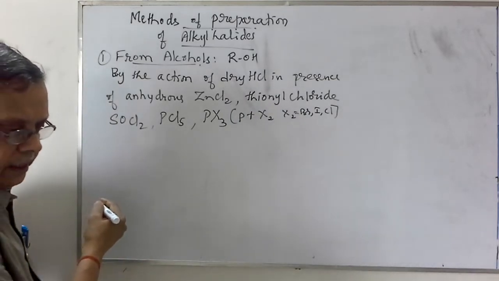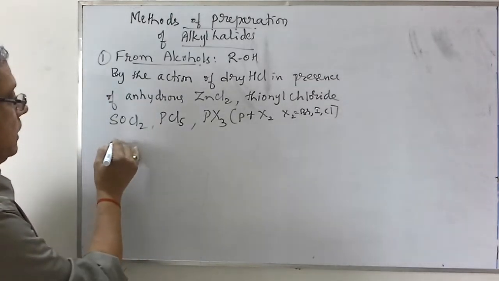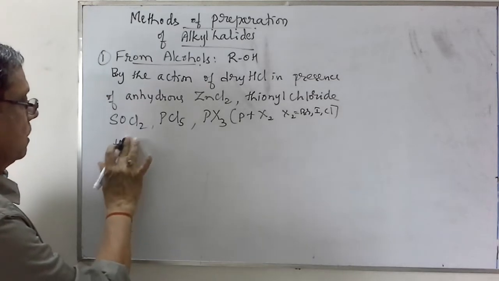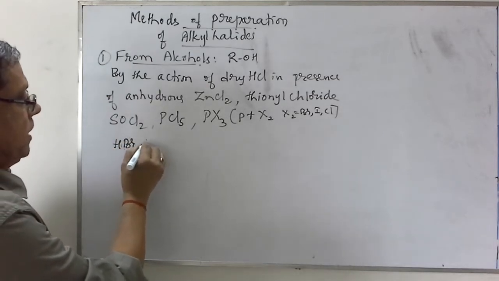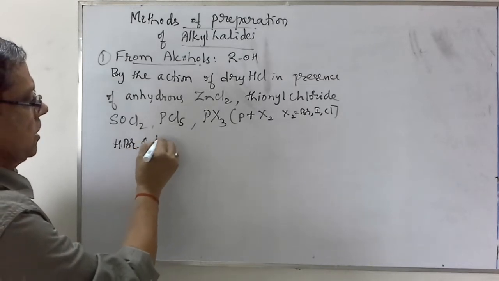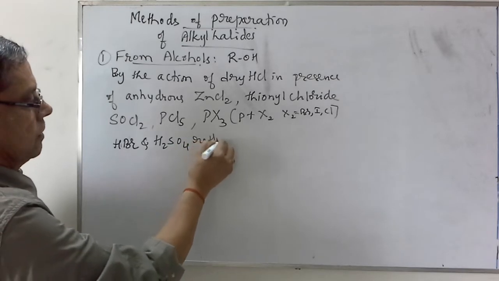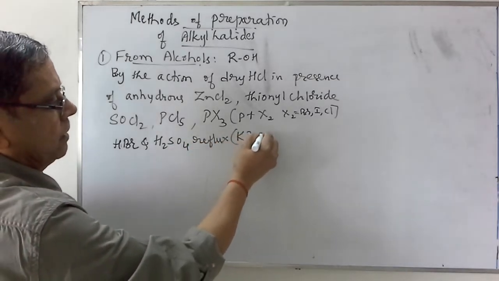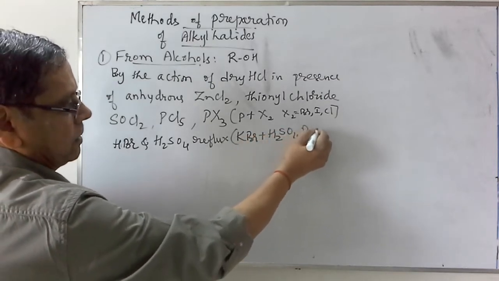There is one more method, that is by using HBr and concentrated sulfuric acid, refluxing, or we can use potassium bromide plus concentrated H2SO4 and then reflux.